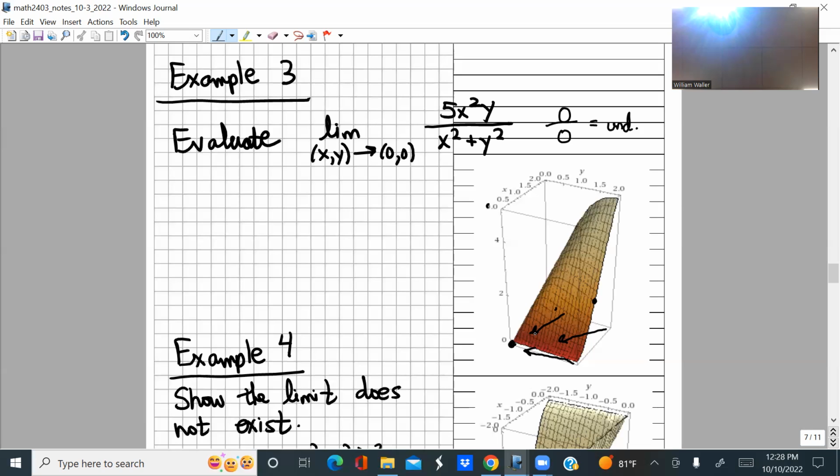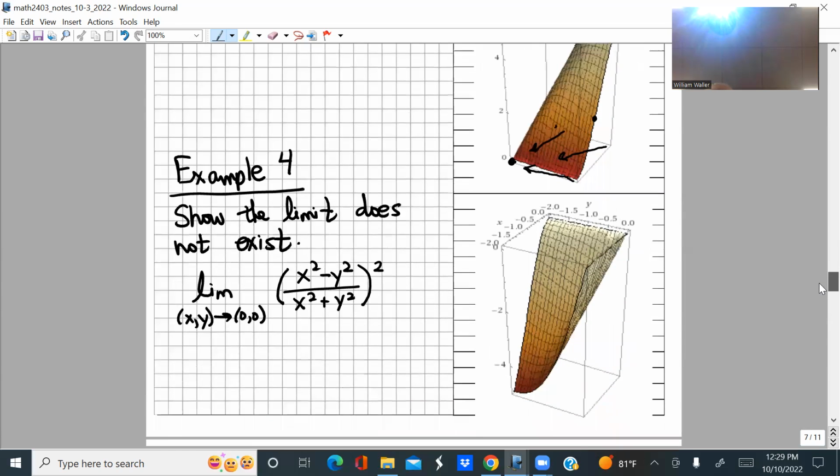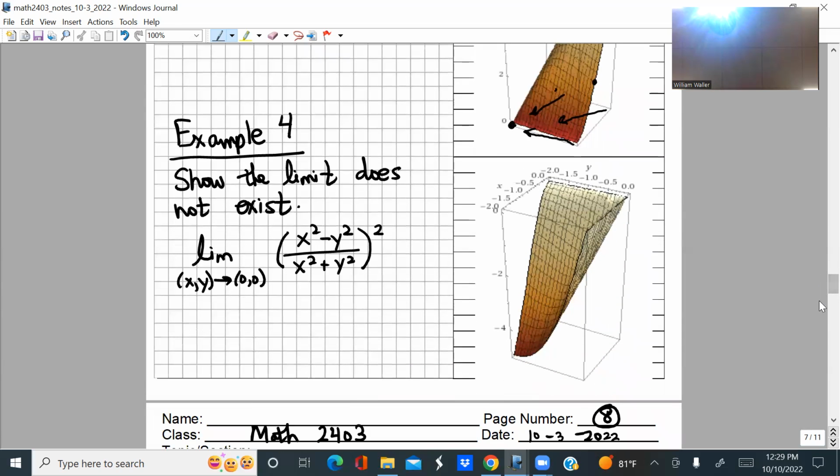Okay, so let's graph a little bit bigger piece of that surface, and let's see what's happening on this side. Now on this side, that's the third quadrant, right? Because we've got negative x values and negative y values.